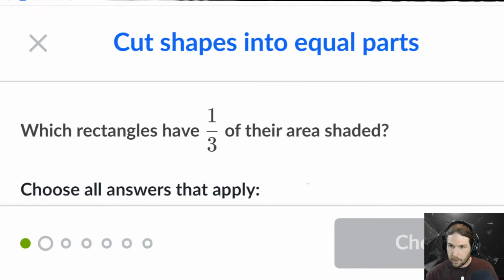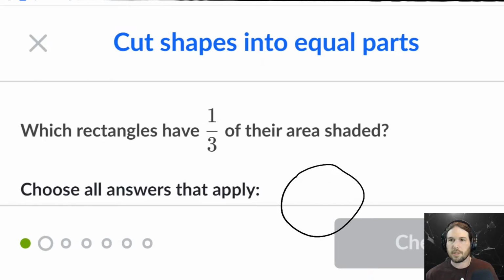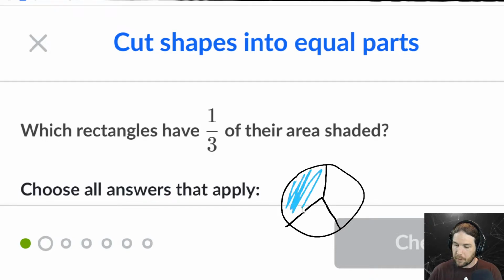Let's say we have an object. If it's going to be 1/3, I should probably make it a circle. That's close enough to a circle. If I want to find out what 1/3 of that circle looks like, well, what do I do? I cut it into 3 equal pieces, like a peace sign, and I would shade one of those 3 pieces.